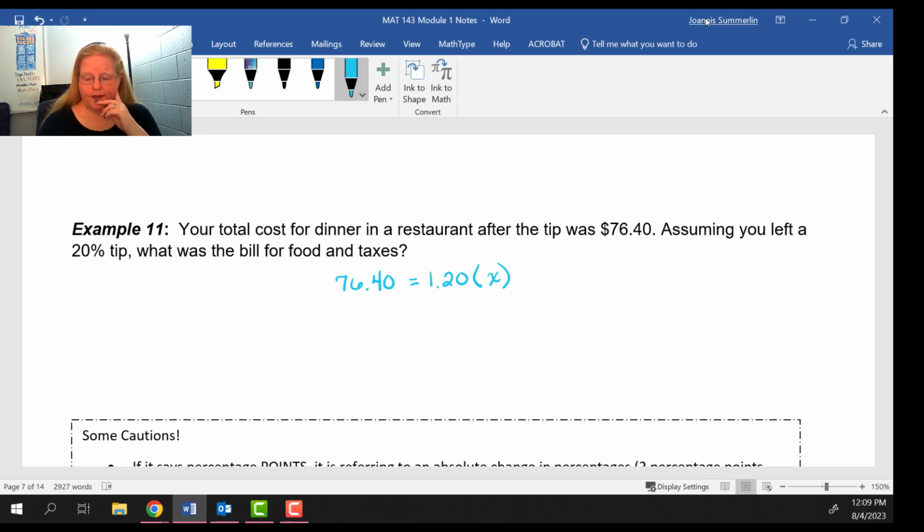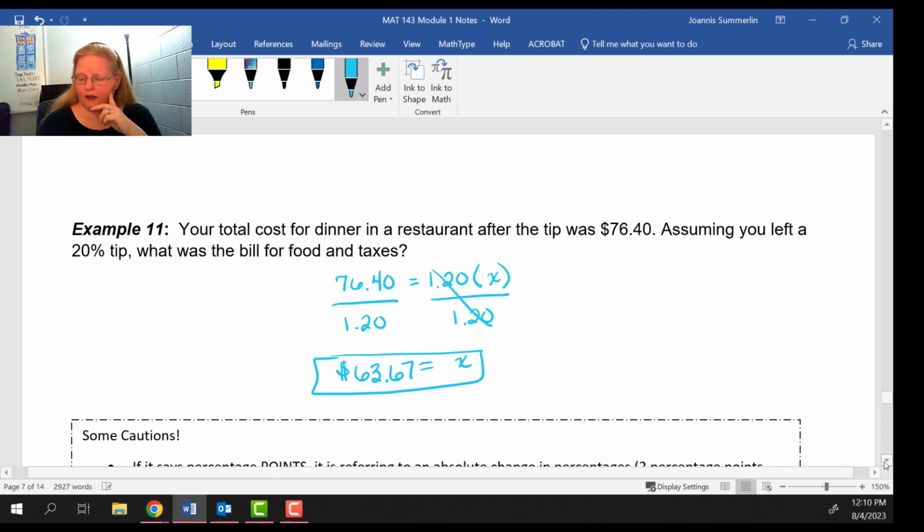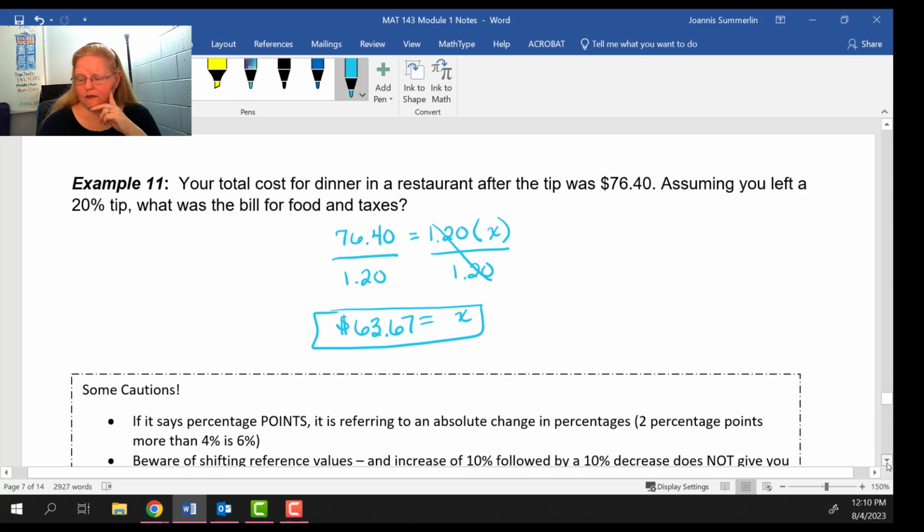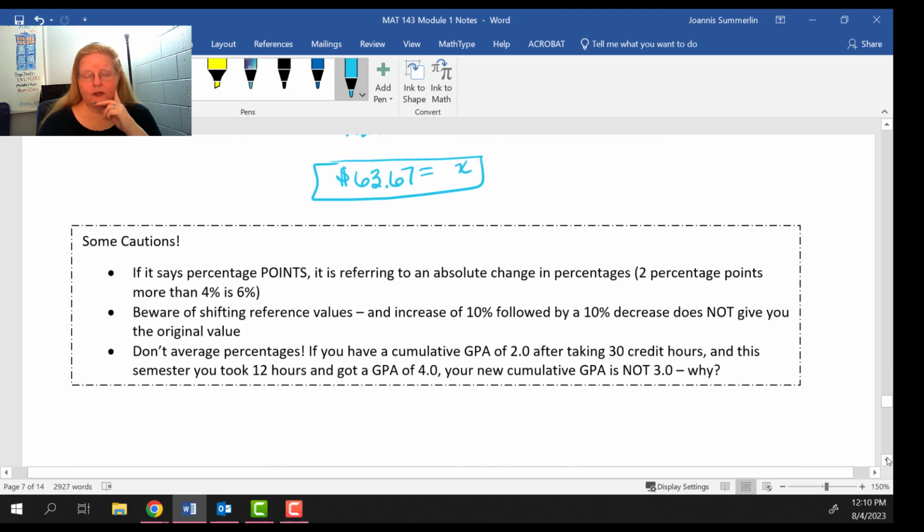So we need to divide by 1.20. And we get that x is equal to 63.67. If you're having problems with the algebra end of things, you need to contact me and let me know so that I can make sure you get some help with that.